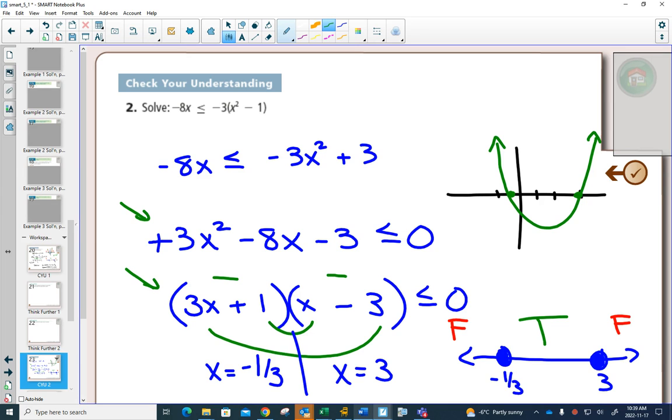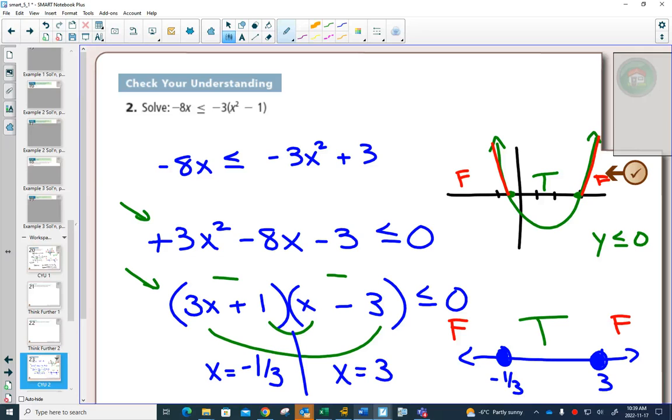What are we trying to find? We're trying to find when the parabola, which is the left side, is less than or equal to 0. So we're trying to find when are the y values less than or equal to 0. Can you see that this section here is true, but these ones, the y values are bigger, they're going to be false.